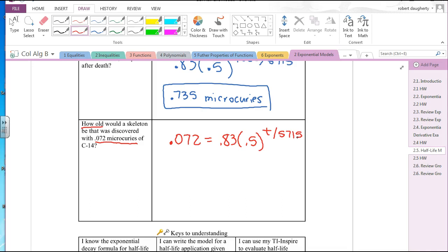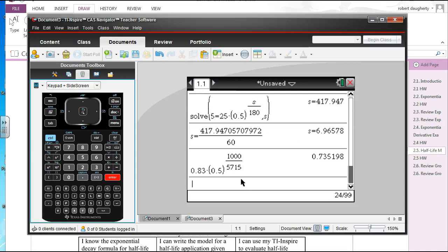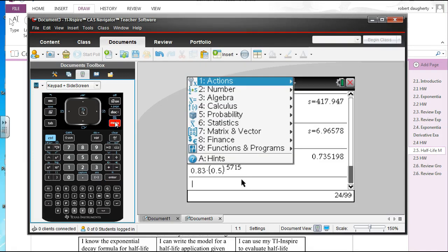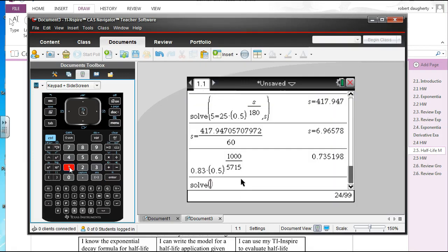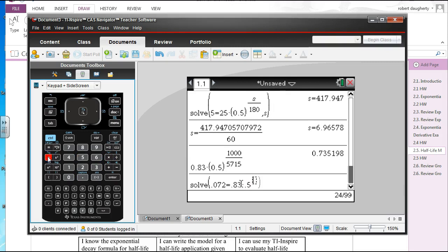How do I solve this? Menu 3-1. I'm going to solve this, okay? So what do I put in here? Just that equation. 0.072 equals 0.83 times 0.5 raised to the t divided by 5715, and then what?